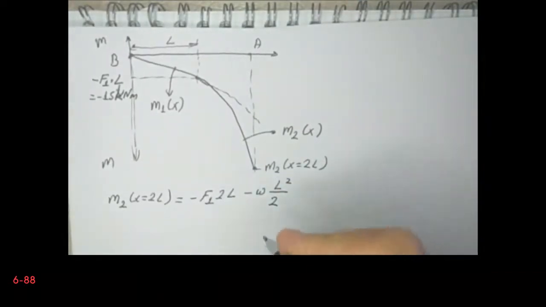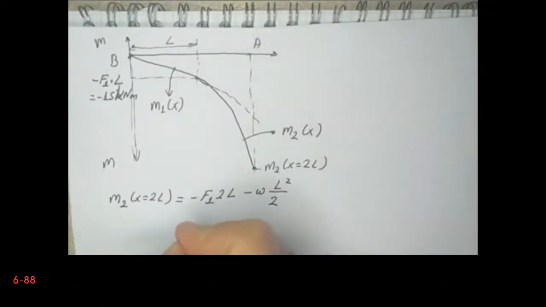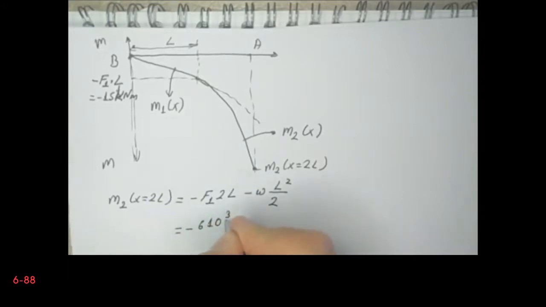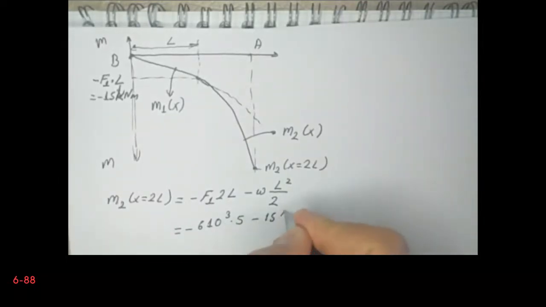Just put the values. So this is minus F1 is 6 10 to the power 3, 2L is 5 minus 15 10 to the power 3.